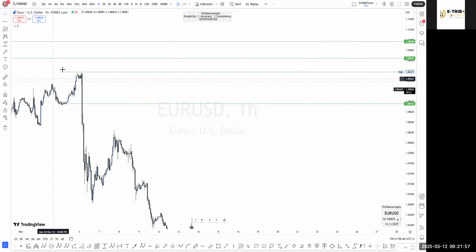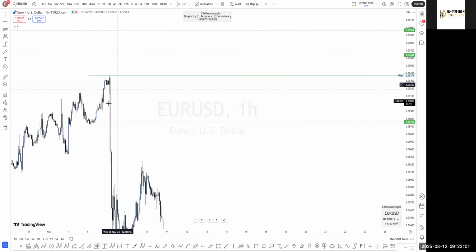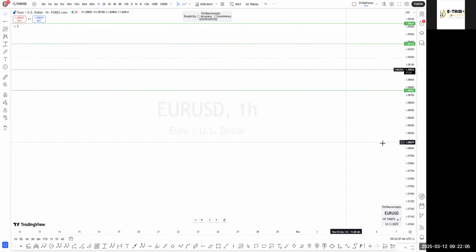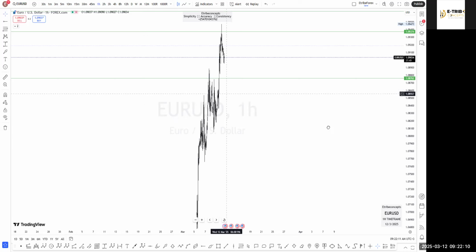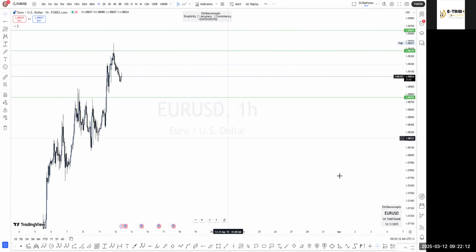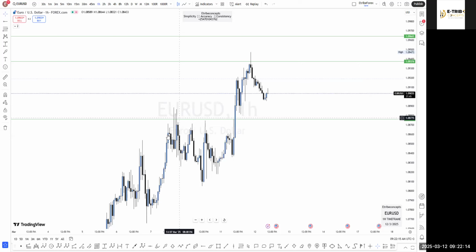Okay, no problem. So now this area, guys, if you see this 1 hour candlestick, it is a momentum candlestick. That's why for those guys who are in here from the previous session, we were looking for entries from a flip. I want you to look at these things keenly. There was a reaction from this green line, which is acting as a flip zone.